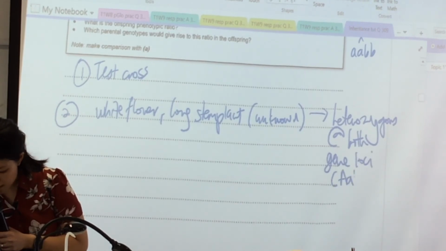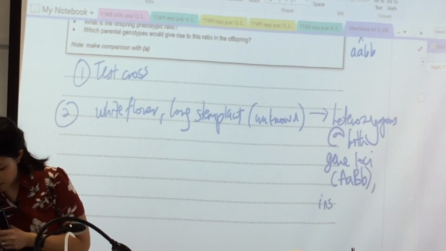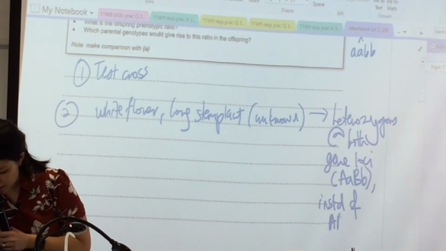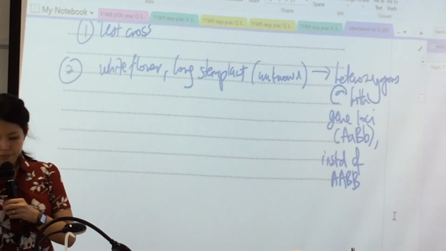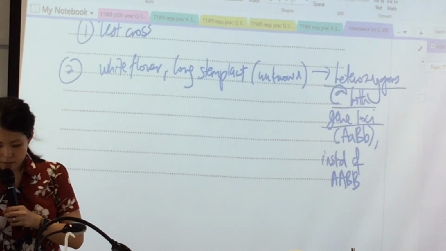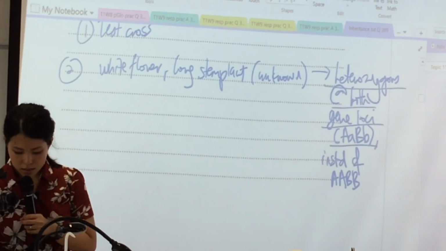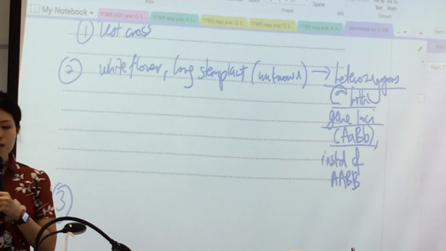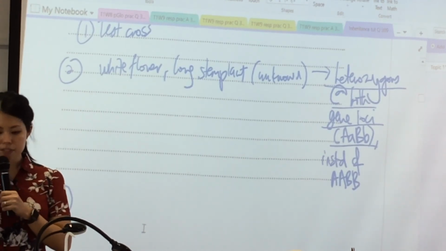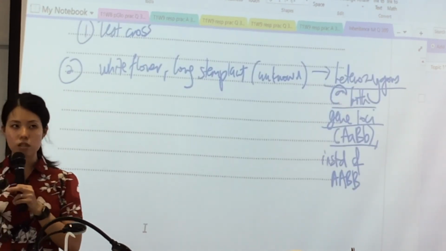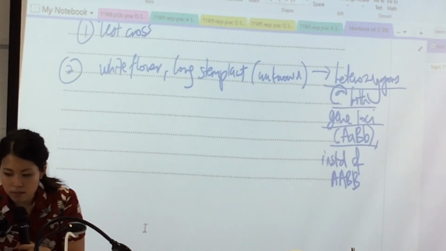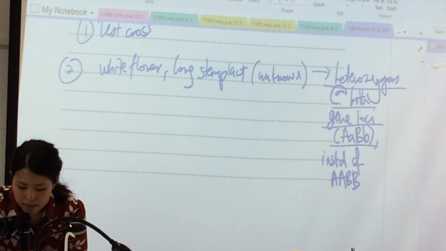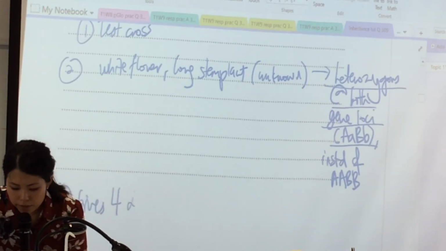So he is AaBb instead of the other parent AABB, instead of being homozygous dominant. Because it has this heterozygous gene at both gene loci, what happens is, according to Mendel's law, I'm going to form 4 different types of gametes.